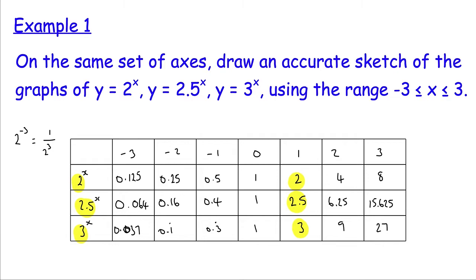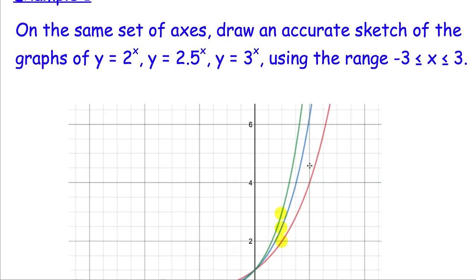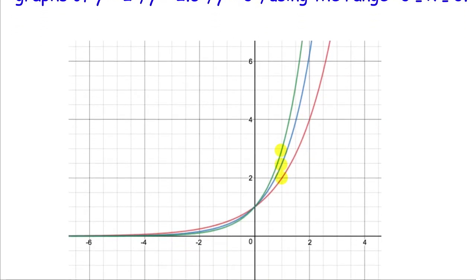So if we go to the other page again, there we go, then we can look at the scale and we can see that this value is 2, this value 2.5, and this value is 3. So the red one is the y equals 2 to the power of x. The blue one is y equals 2.5 to the power of x, and the green one is y equals 3 to the power of x. That is much more likely what you will be asked to show.